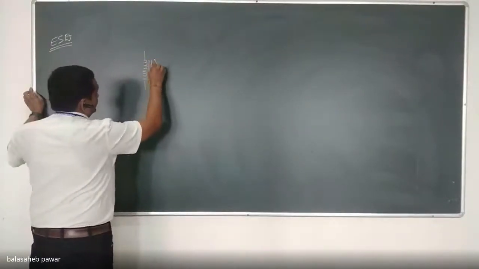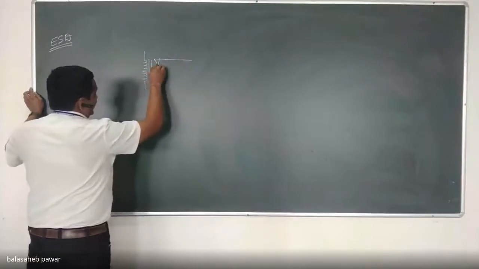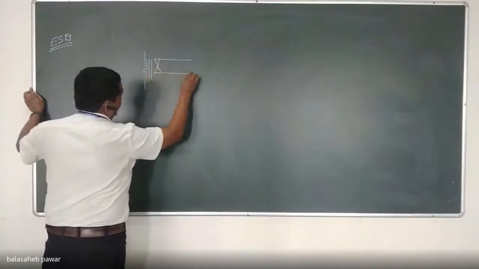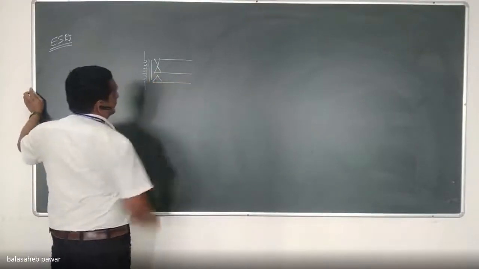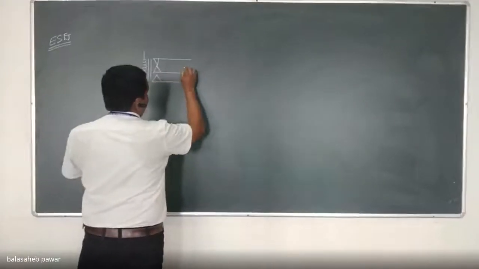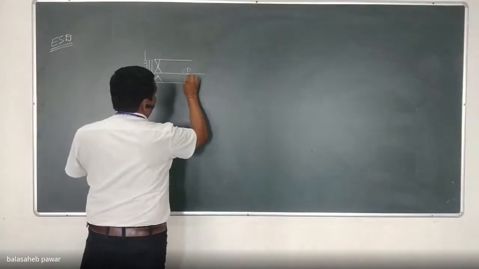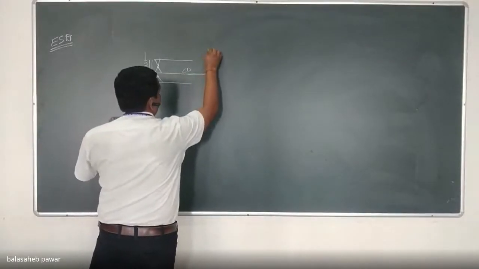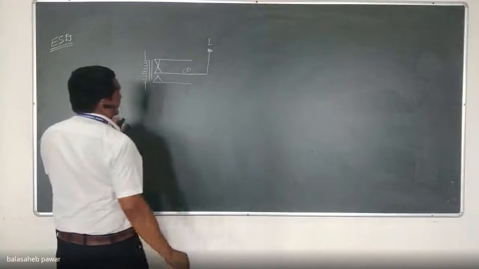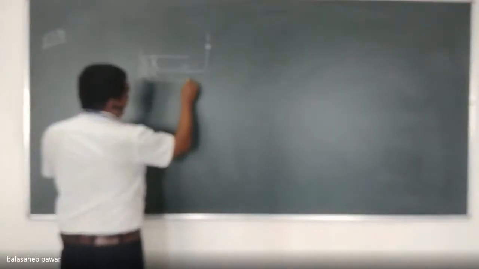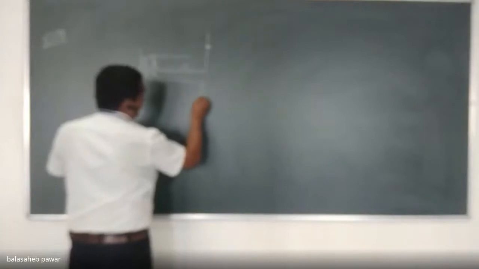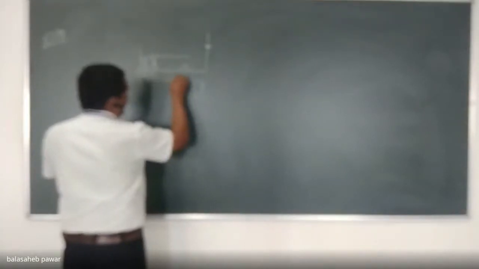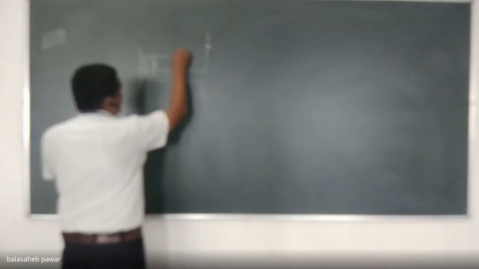Okay, so see, during the no action condition, that capacitor should remain open. So here, to the change over, I will connect the live terminal, and the capacitor I will add to the NO terminal, that is the normally open terminal. This one is NC.